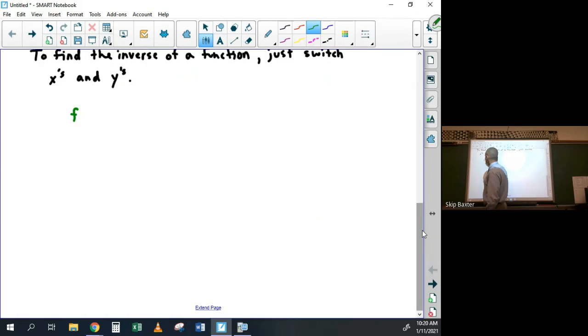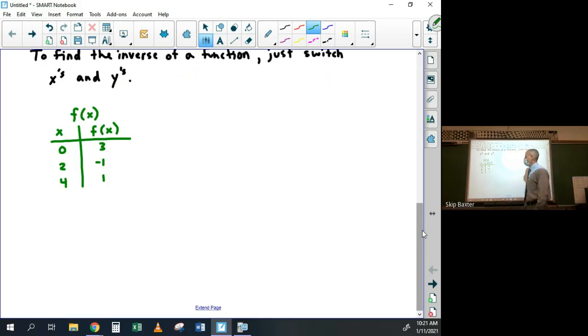suppose the function was f of x, and I'm going to just give a table of values. Okay, so I have x, f of x. Suppose the points are (0, 3), (2, negative 1), and (4, 1). Suppose that's f of x.